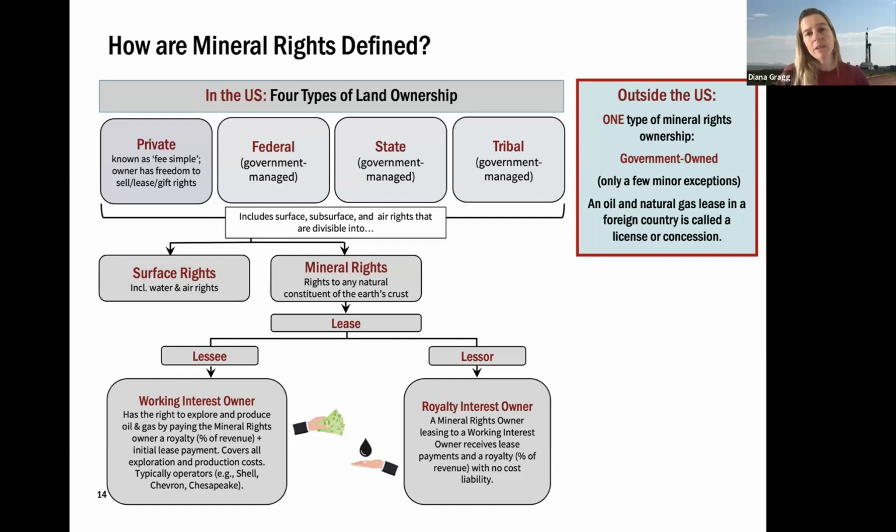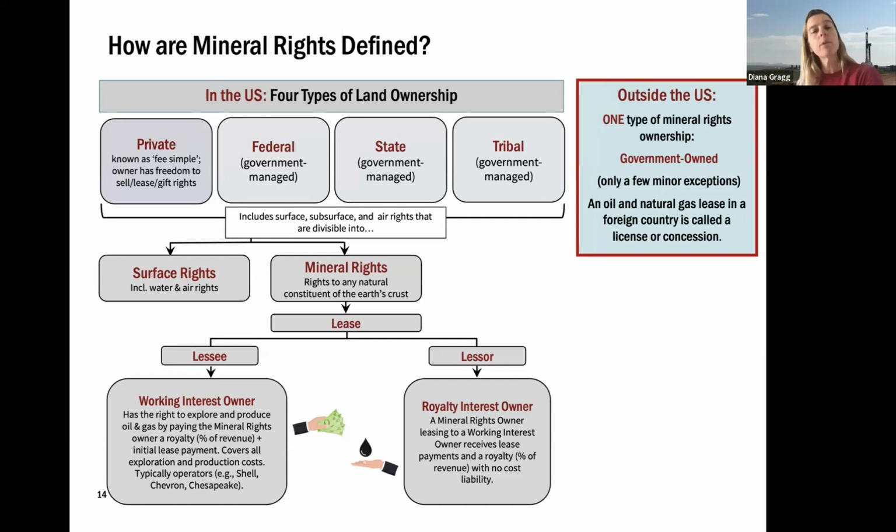So to access those mineral rights, often a developer will have to work with the mineral right owner, which can be a private person, and the surface rights owner, and those can be separate entities. And so the Chevron or the Shell or the Exxon that wants to go and access those mineral rights has to lease the land to be able to access the mineral rights, and has to make a deal with the mineral rights owner, here called the lessor, often paying them a royalty for any oil or gas they find and produce.